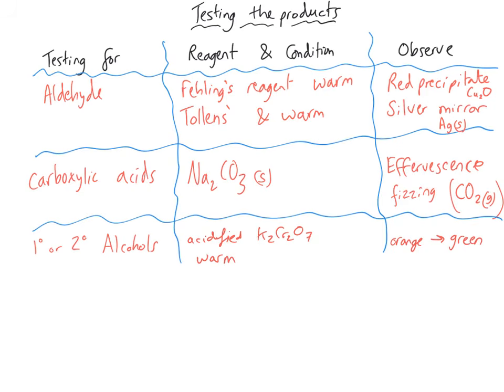Alternatively, you might want to say potassium dichromate and sulfuric acid, because that is the acid of choice every time, so put brackets around the acidified on there.